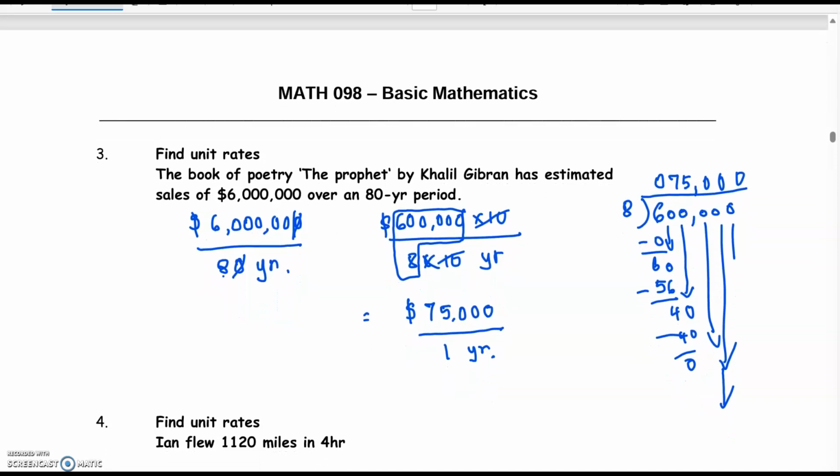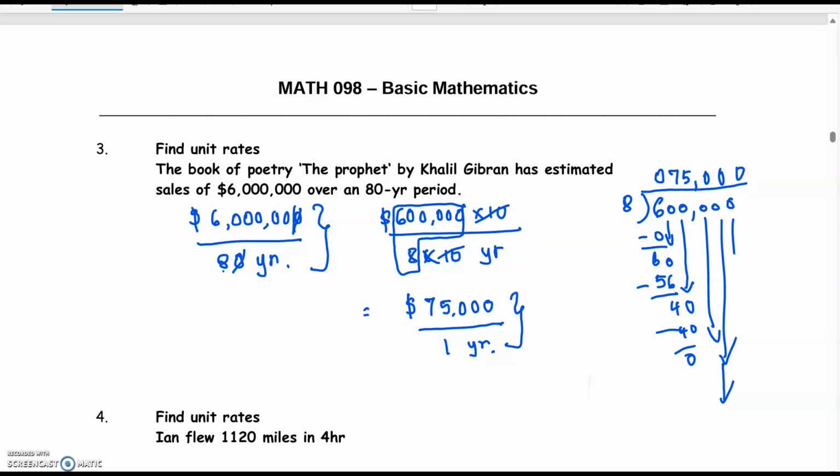So that's the unit rate associated with the problem, where the sales are estimated at 6 million per 80 years. We started with 6 million per 80 years. We simplified the expression by canceling common factors and with long division, and we get $75,000 per year.